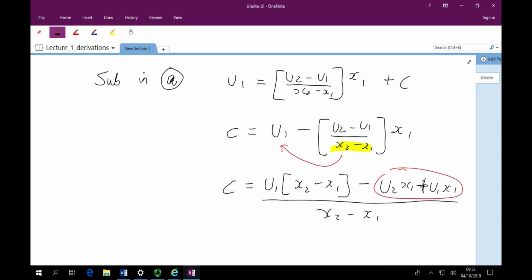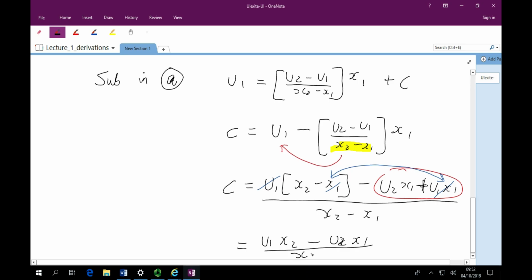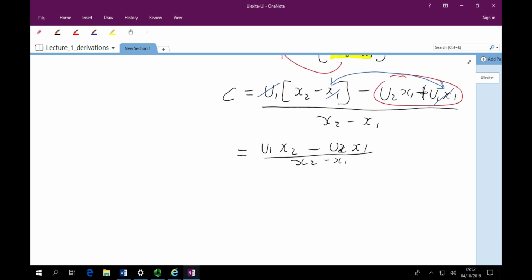So what we see now is that the u1 x1 term here and here will cancel out. And what we're left with is u1 x2 minus u2 x1 over x2 minus x1. Okay? So that's our expression for c.